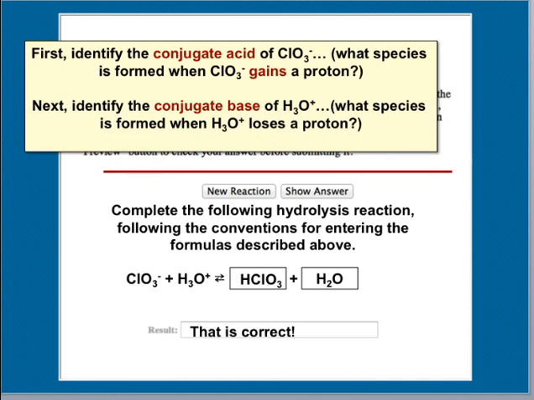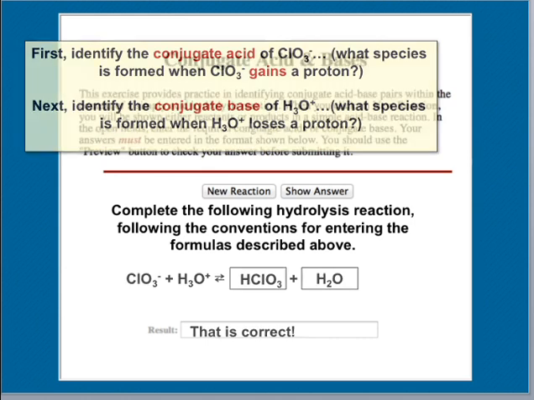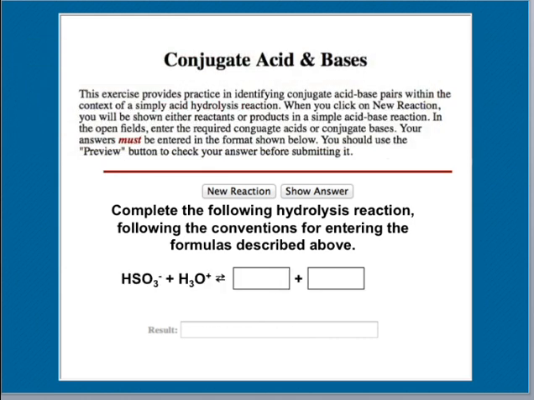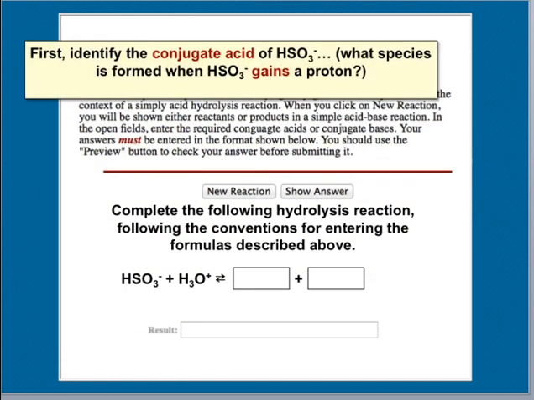This is so simple. Do one more. Go ahead and fill this in. Very much like the last one. Here we have hydrogen sulfite and hydronium.